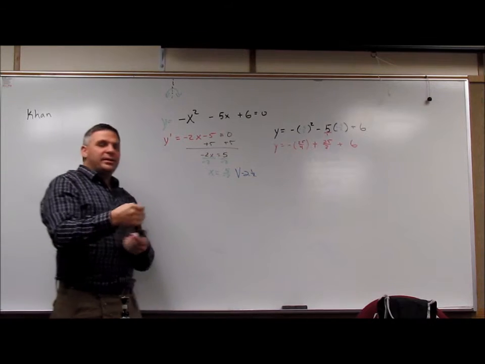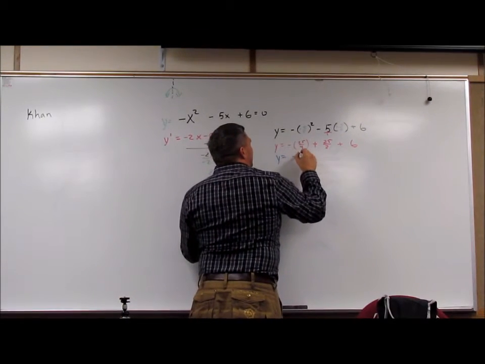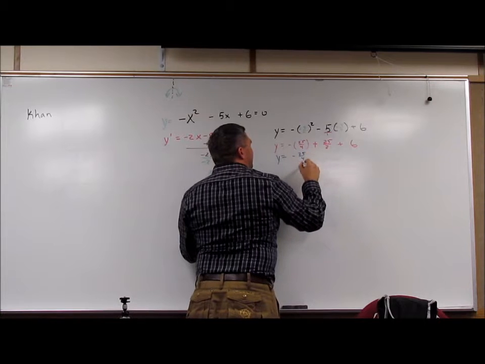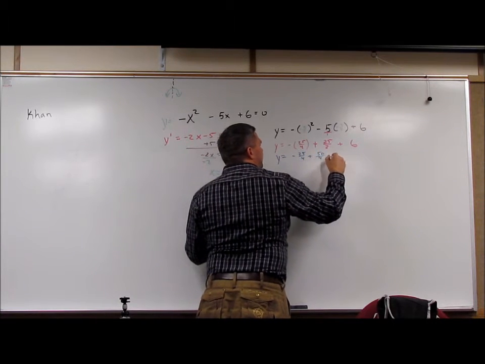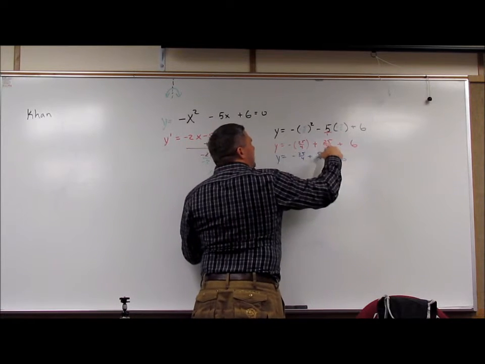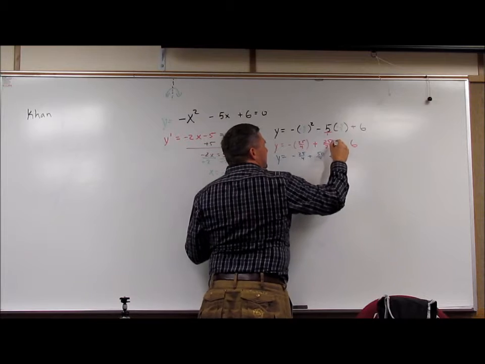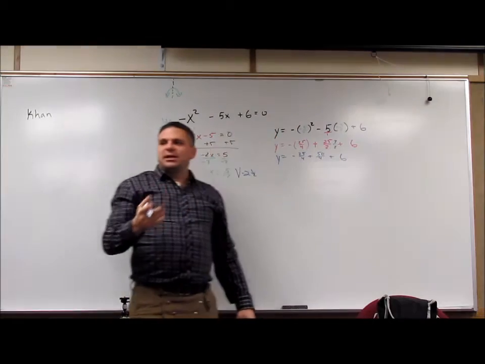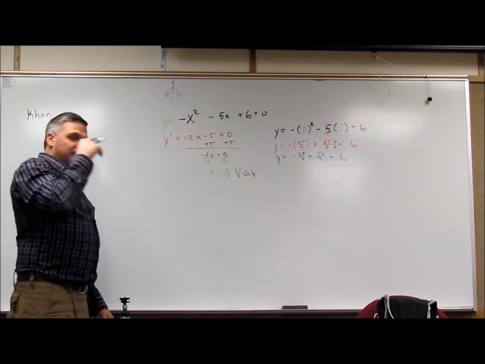So I need to make them into like terms. So y is equal to negative 25/4 plus 50/4 plus 6. Because if I multiply this by 2/2, right, it's going to change the bottom into a 4, but the top into 50.